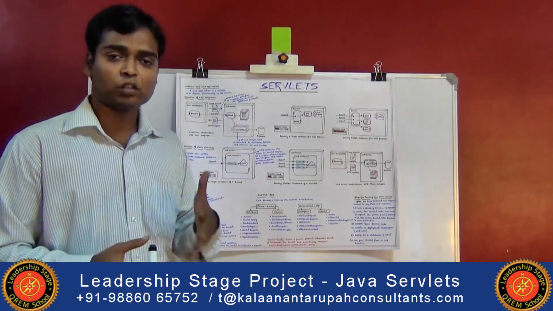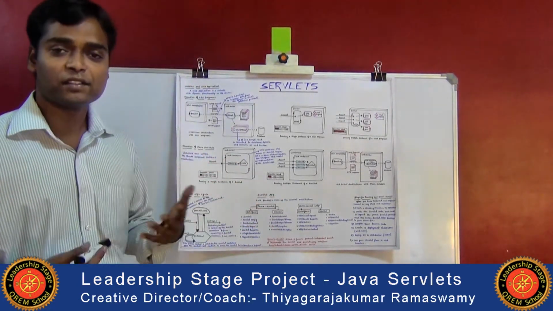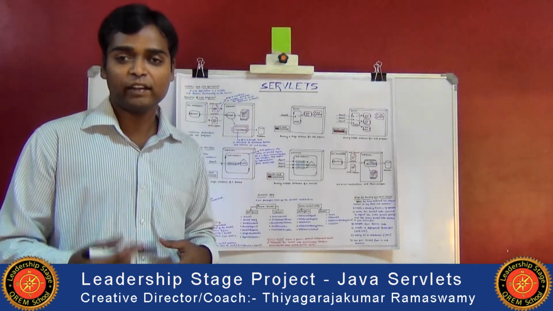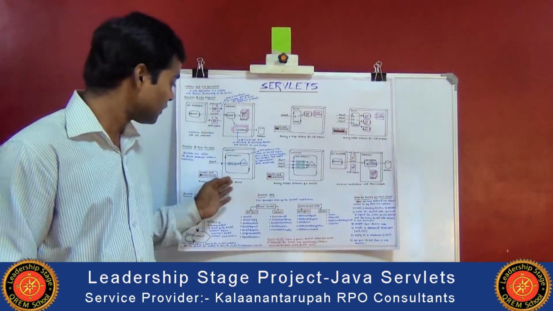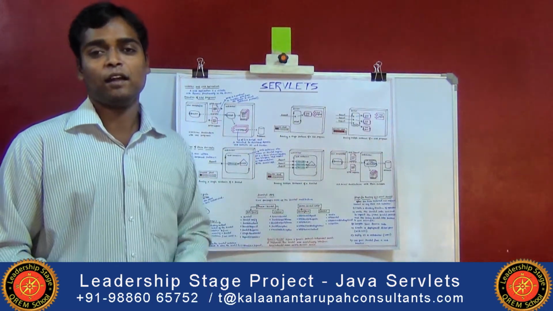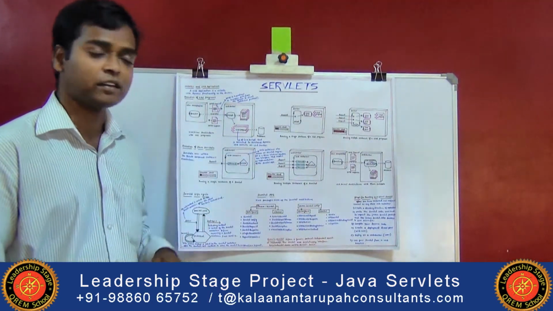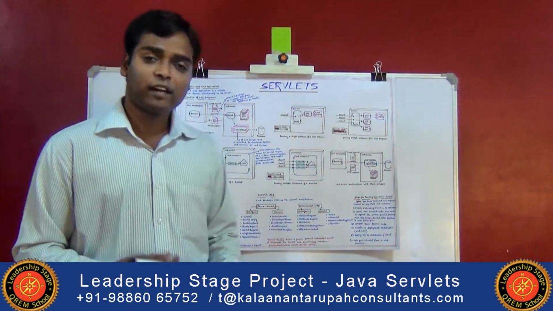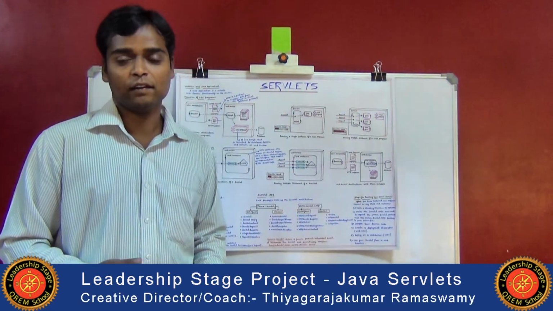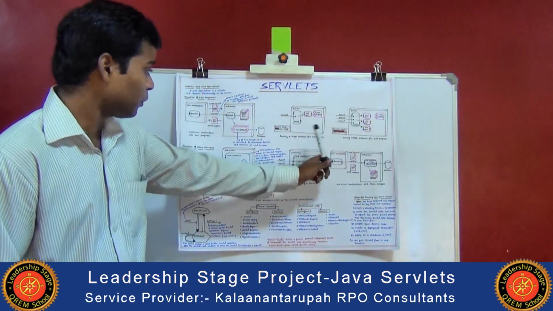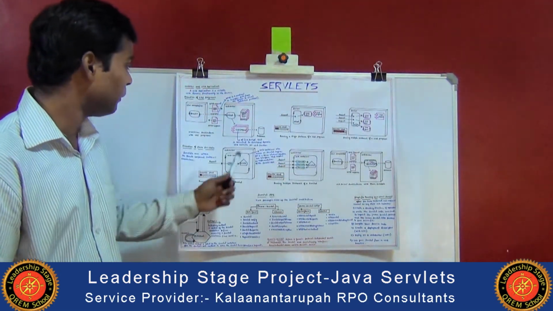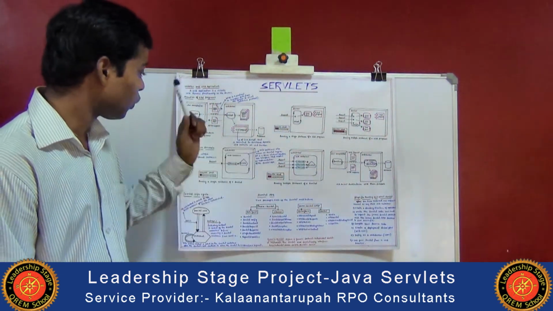Instead of creating an instance of the CGI shell or OS shell, it runs as a thread and creates the servlet. That's why the servlet runs as a thread instead of in an OS shell. That's why the processor load becomes much less compared to CGI programs.